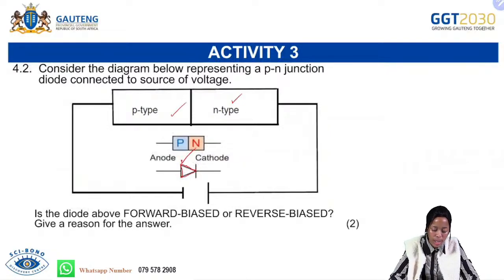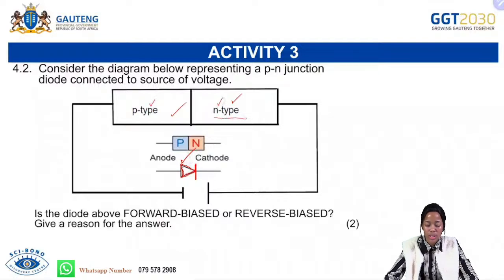And then this one, the line is not pointing. Because it's not pointing, it will represent the n-type material. So now you need to identify the two to say, okay, what is it that you have? So you have a p-type and an n-type material.